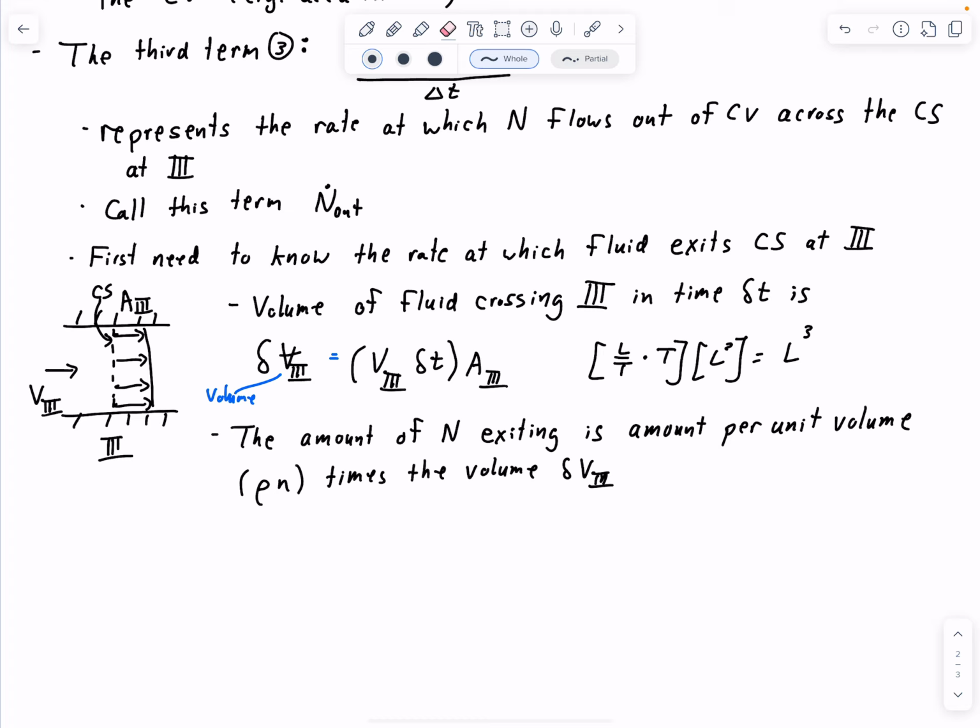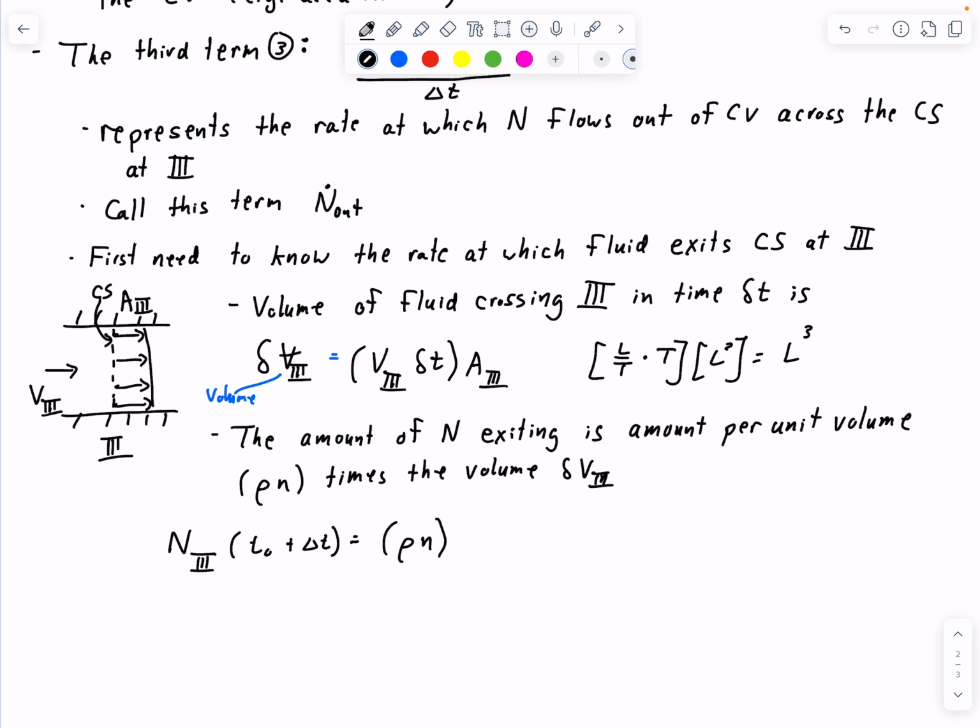And so we can write this expression for N in 3 at time t naught plus delta t as rho times lowercase n, and again, rho is mass per length cubed. Lowercase n is the amount of extensive property divided by the mass, so that's your intensive property.